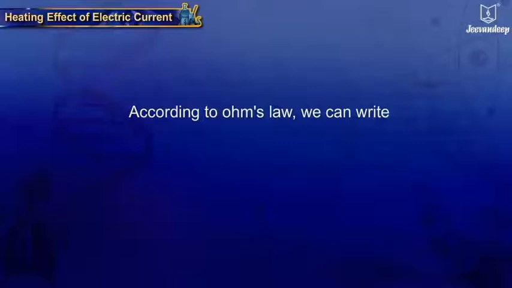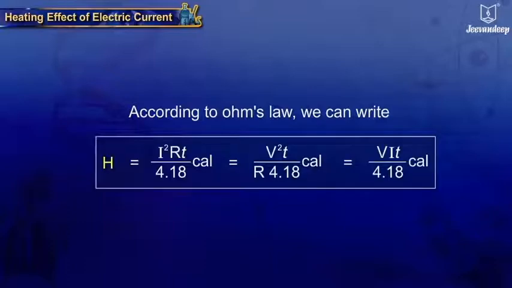According to Ohm's law, we can write H equal to I square RT upon 4.18 calories, that equals V square T upon R upon 4.18 calories, which is again equal to VIT upon 4.18 calories.